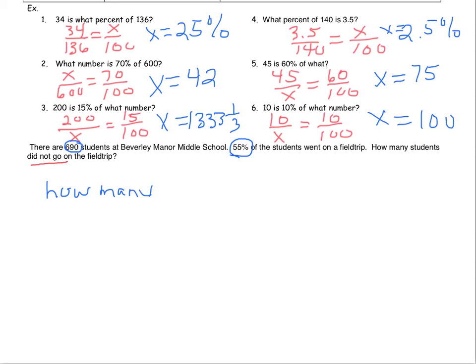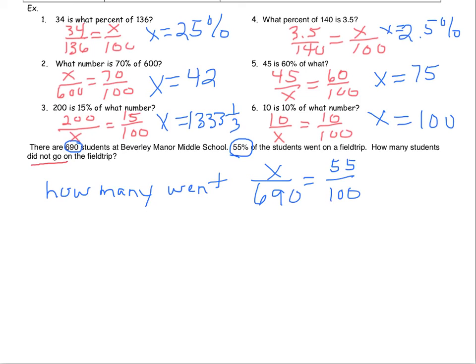And if we find how many went, then we could figure out what was left, who did not go. We could take that off. So how many went is going to be out of 690. We don't know an exact number yet, but we do know that 55% of them went.